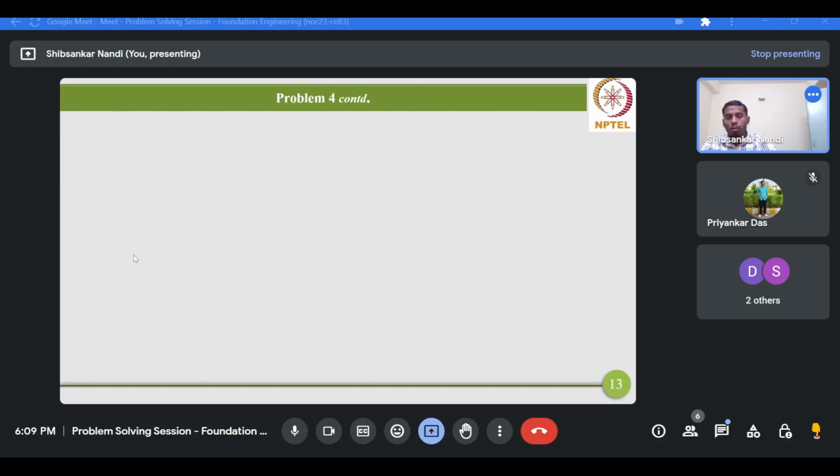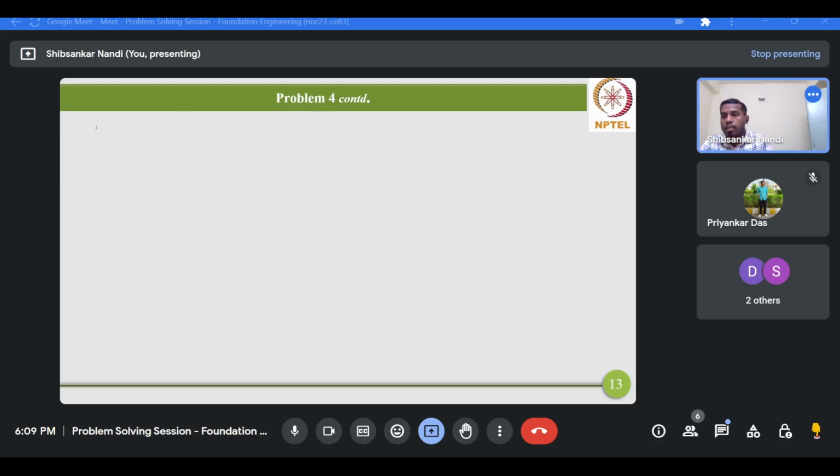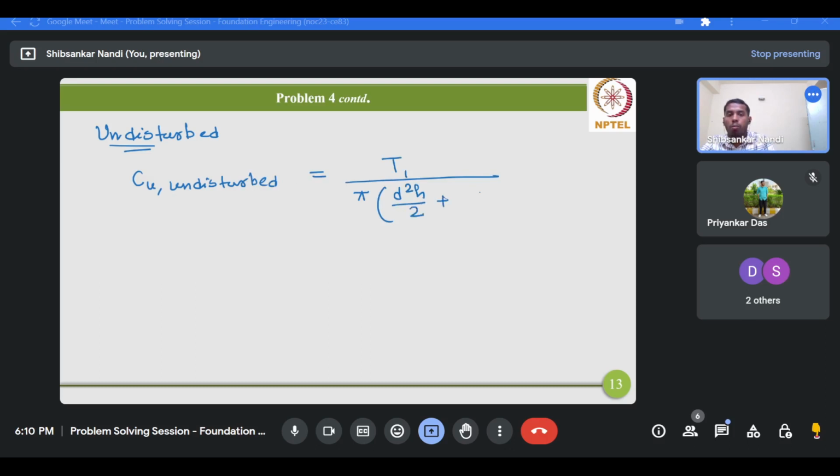So for the undisturbed part, this cu undisturbed is basically T1 divided by pi d square h by 2 plus d cube by 6.